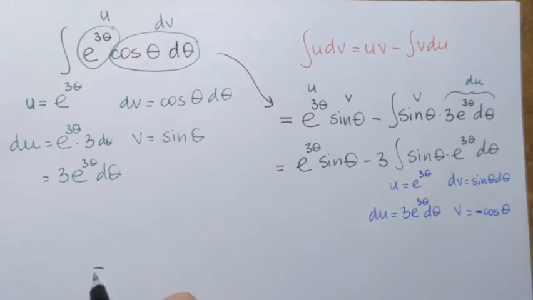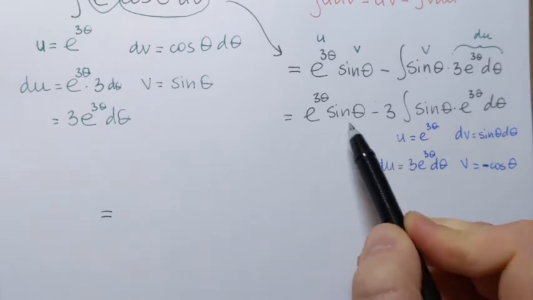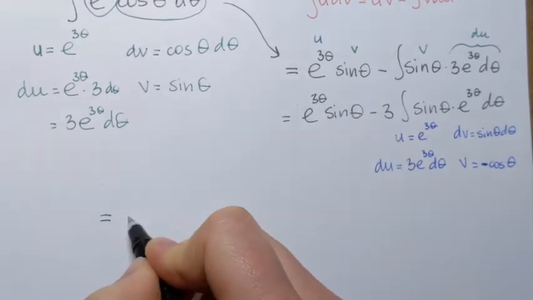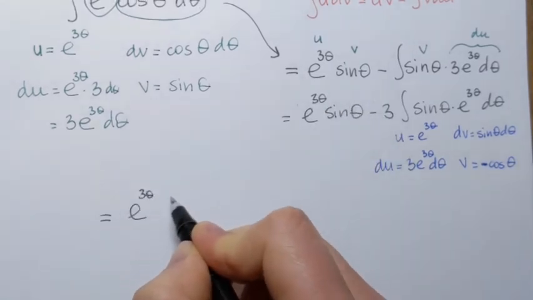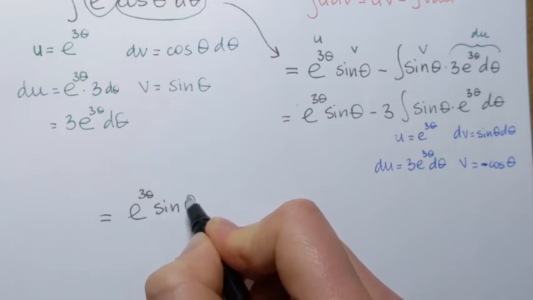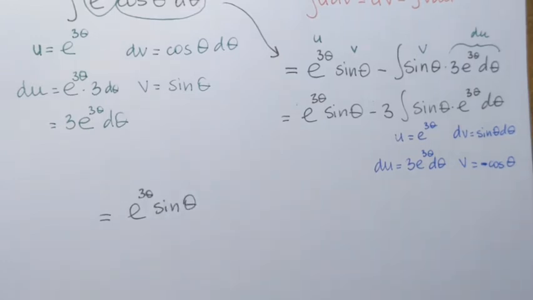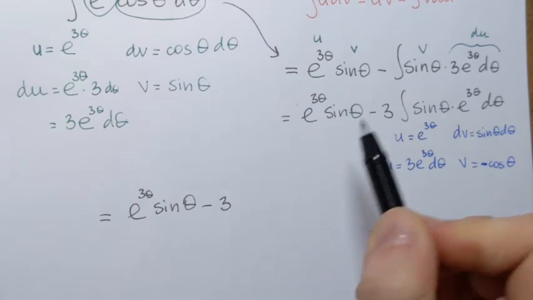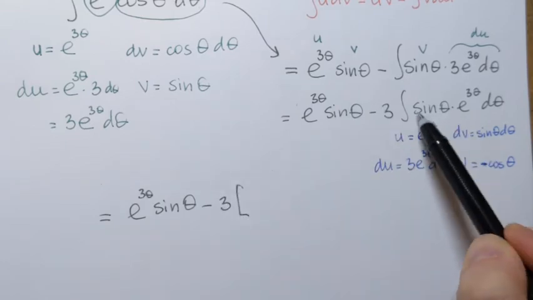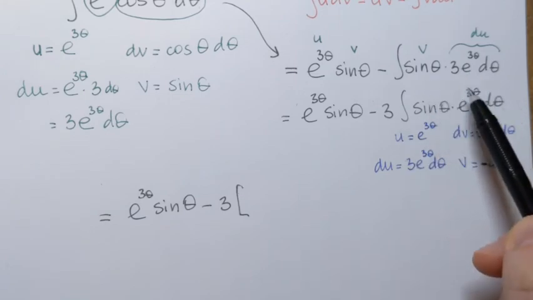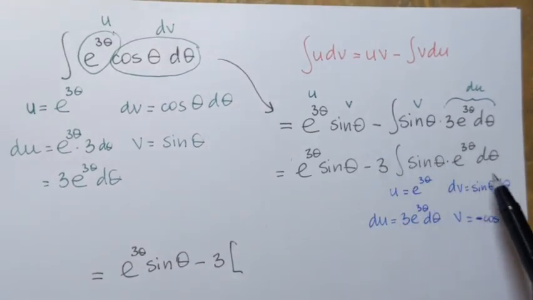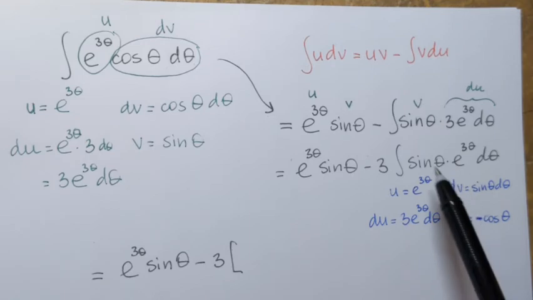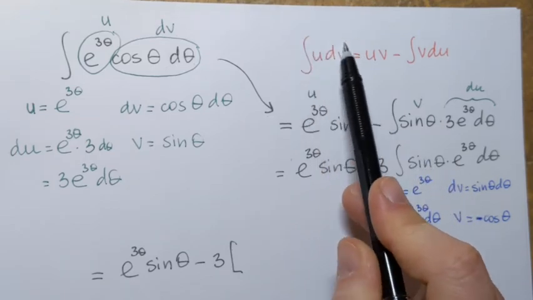Okay, I'll continue here. Now first I have to rewrite this first expression, e to the power 3 theta sine theta minus 3, and now times. Okay, so I have to be careful here because this one integral, right now, since I'm applying integration by parts, is the left hand side of my formula, right?